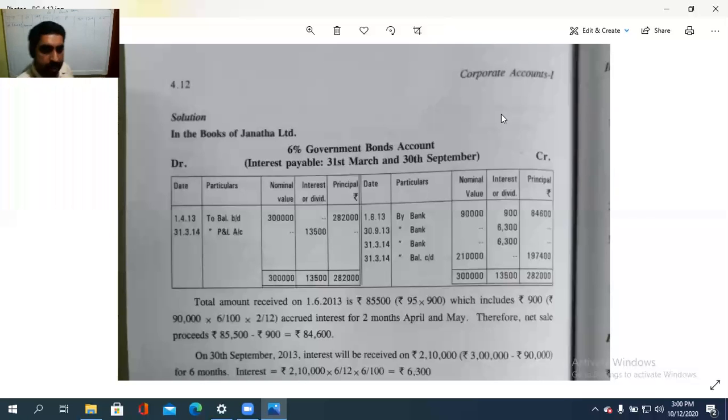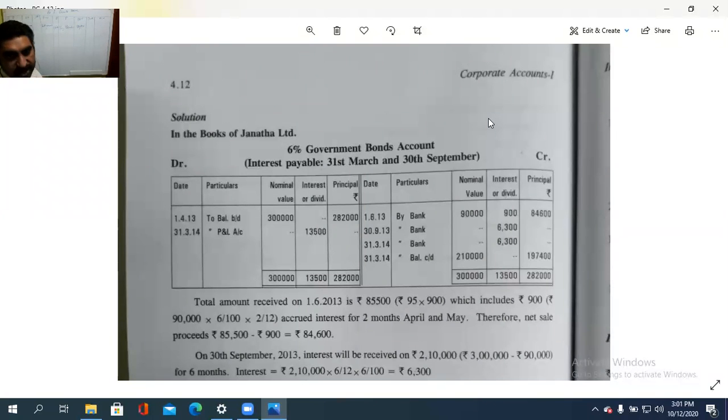Next, after purchasing, the same is sold for 90,000. But this is cum interest. Out of the 90,000, there is the interest also. So what is the entry? By bank, on which date? It is 1/6/13. How much is the value? 90,000. It is already there in the question.